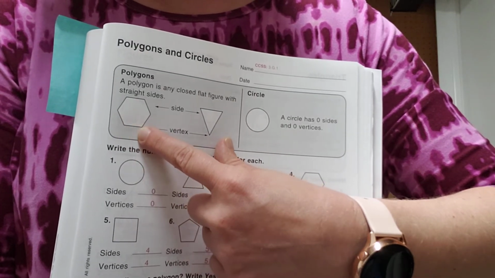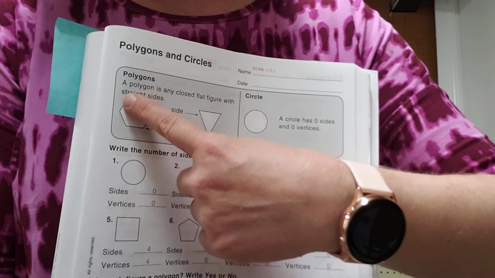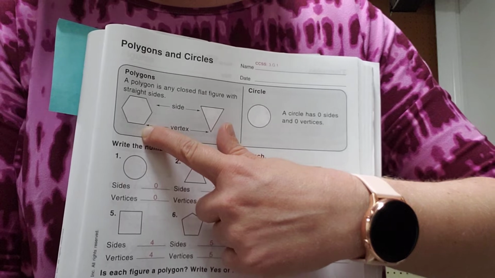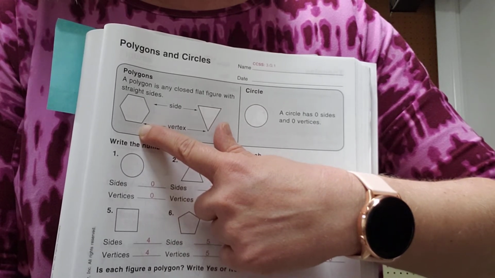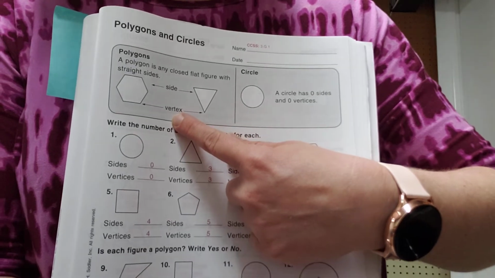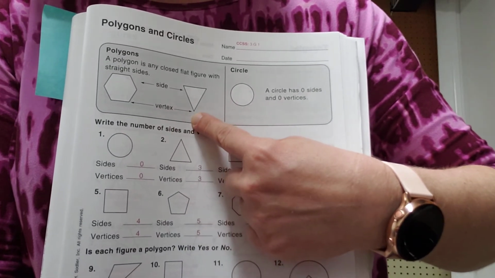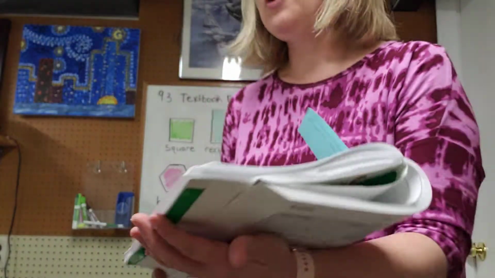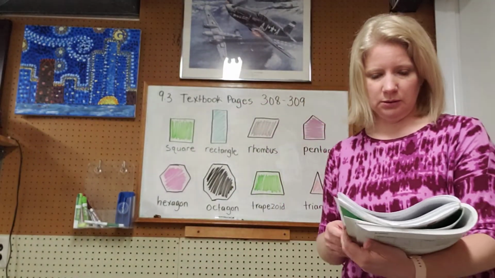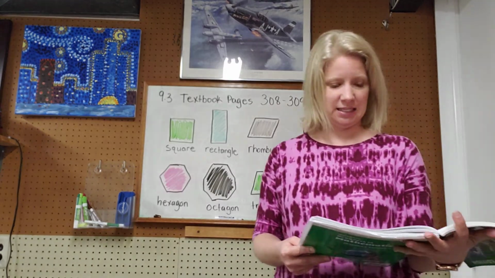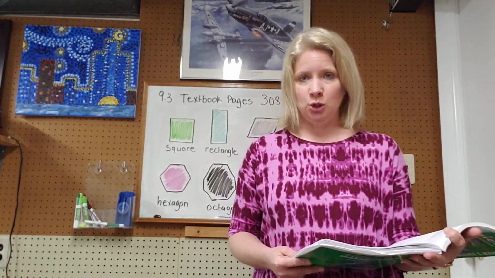And these are all line segments that make up each thing. So right where the two lines meet or the line segments meet, that point is a vertex. So if you have more than one vertex, like the points on the triangle, it's called vertices. So just don't let that confuse you, friends.